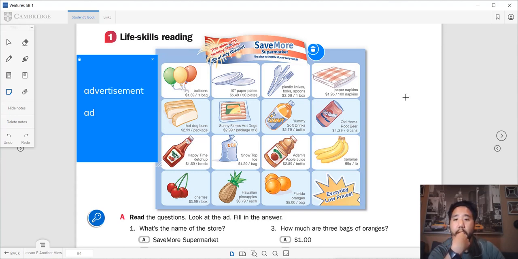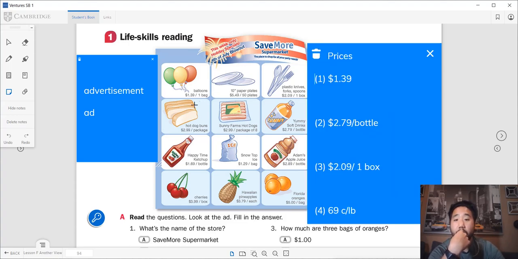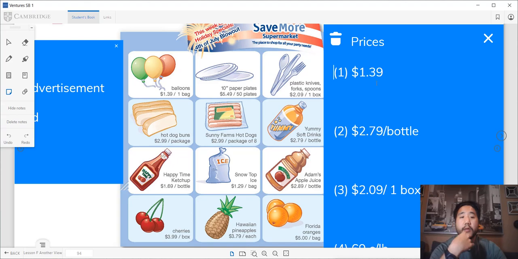Here, I think it is important to go over the prices. Does everyone remember how to say the prices? So for example, here we have balloons. There are two ways of reading the price.